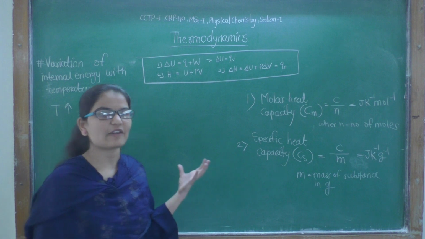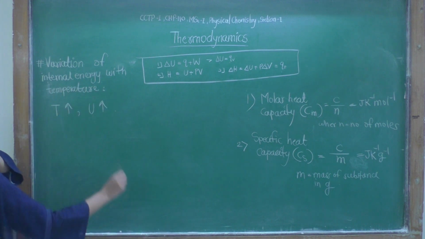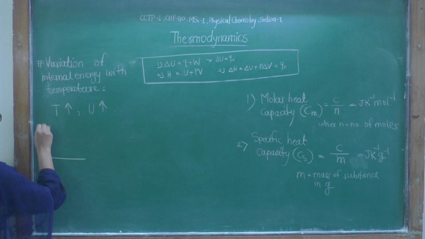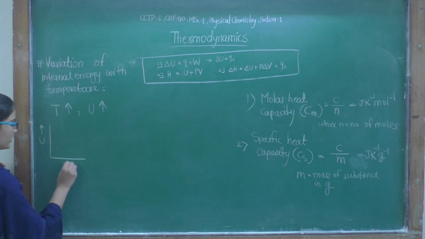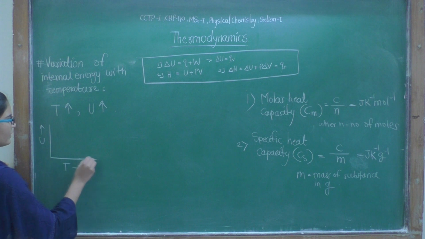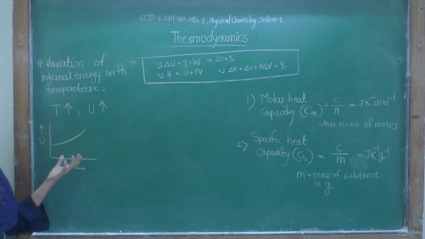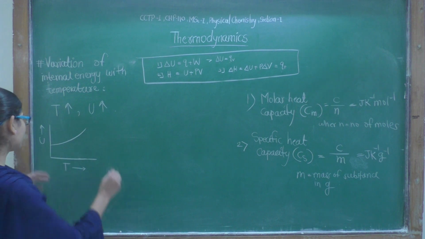Now, we can see the graphical representation for that. If we plot internal energy with temperature, we will get a graph like this. Now, this is the curve we obtain.